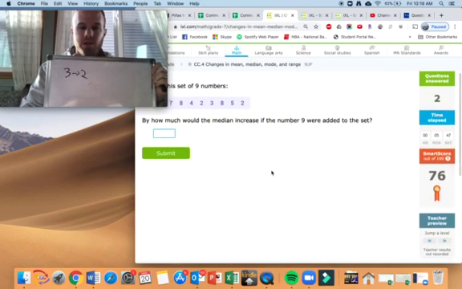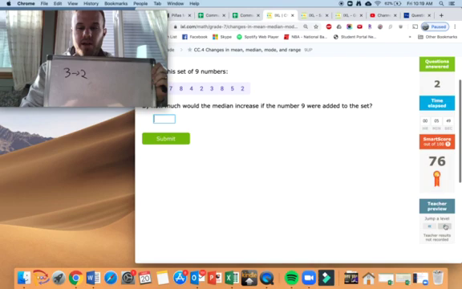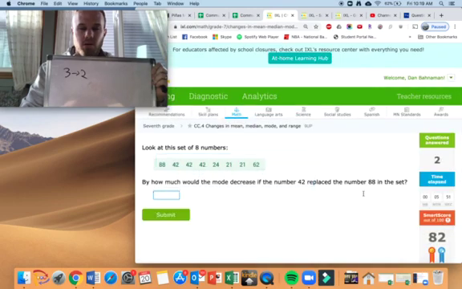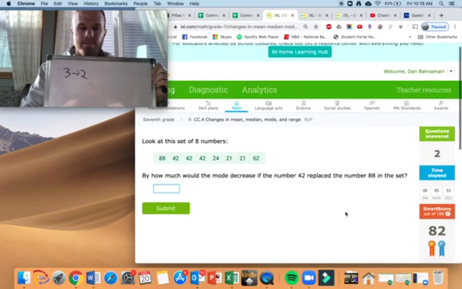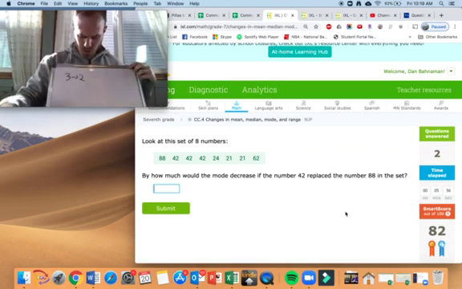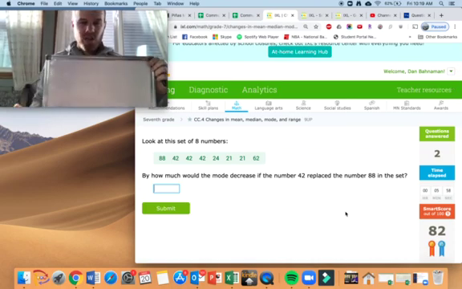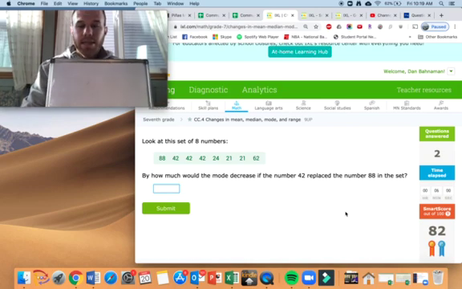Okay, I'm going to jump a level. Okay, this one is a mode question. Remember, the mode is the one that you see the most. So what it's saying is, by how much would the mode decrease if the number 42 replaced the number 88?